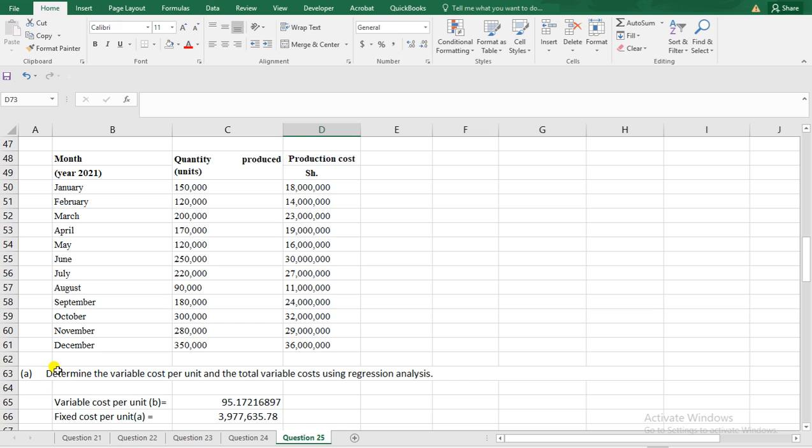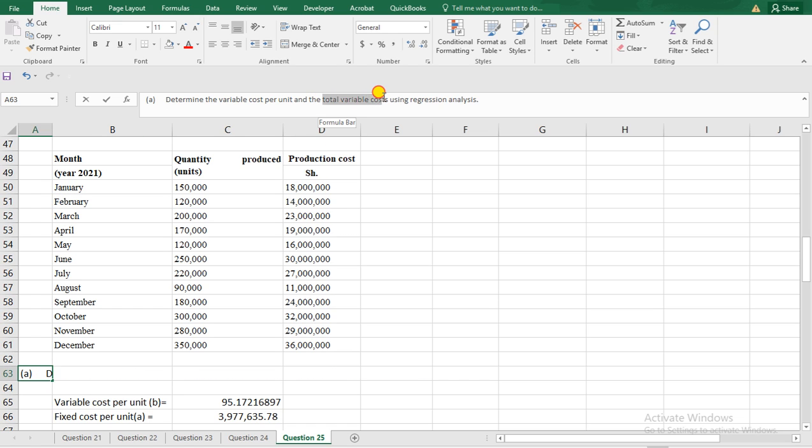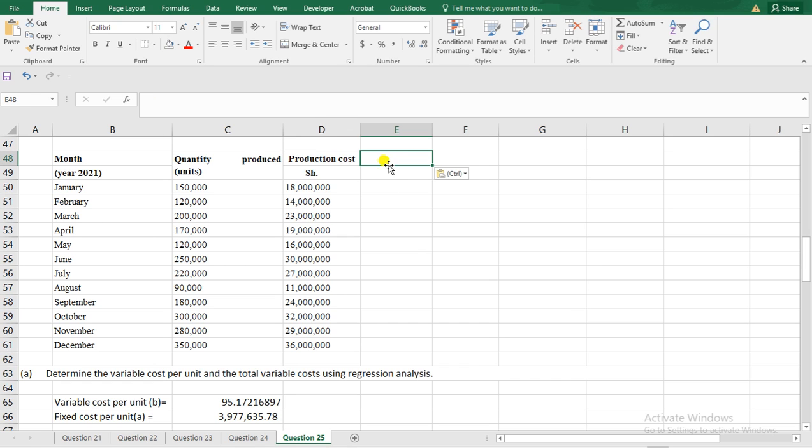I'm going to take our total variable cost, which is in shillings. We have determined our variable cost per unit, and we have the number of units.